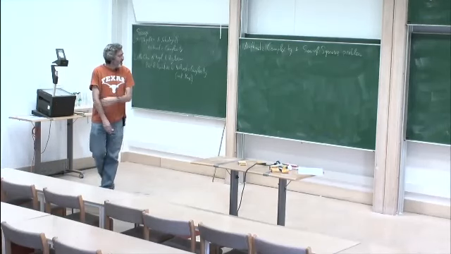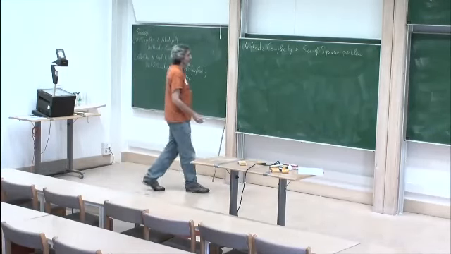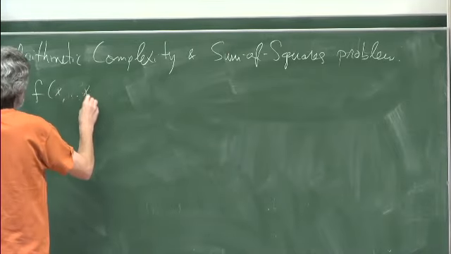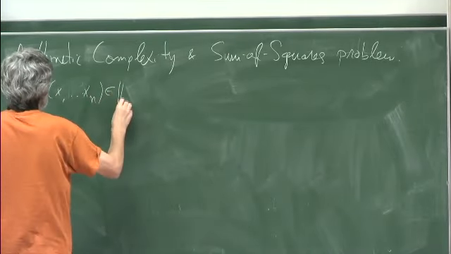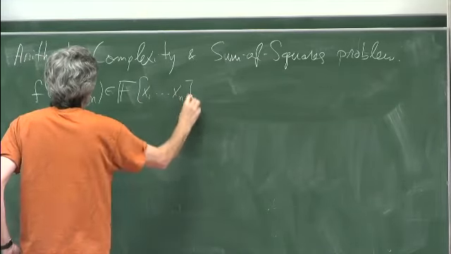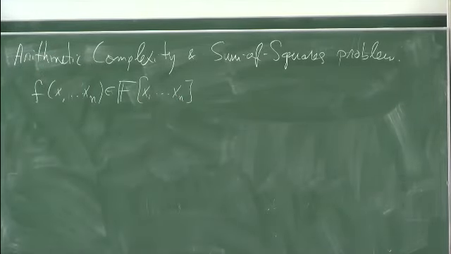Okay, so we are talking about arithmetic circuits. So we are computing polynomials in many variables over some field, which will usually be complex numbers, but can be other in some cases. And we compute them just via multiplication and addition.